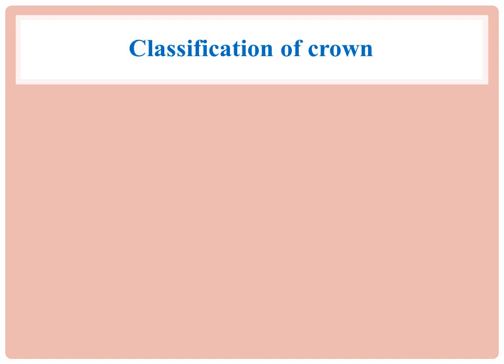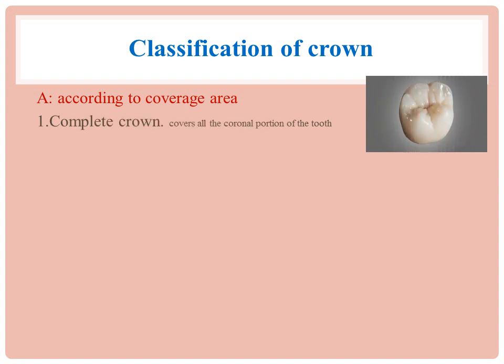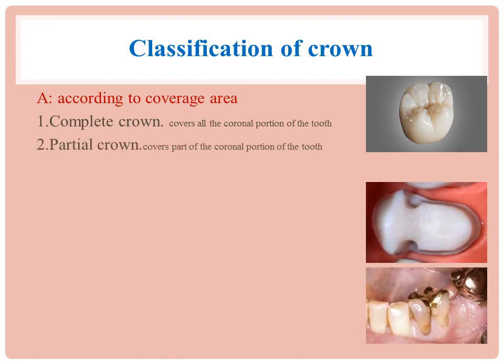Classification of the crown. The crowns can be classified according to the coverage area as a complete crown, when the crown covers all the coronal portion of the tooth, or it may be a partial crown when the crown covers part of the coronal portion of the tooth.